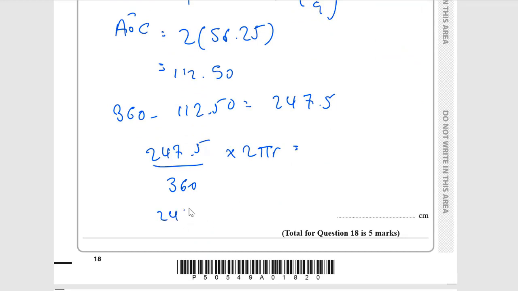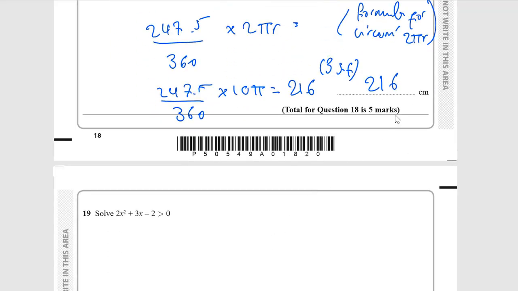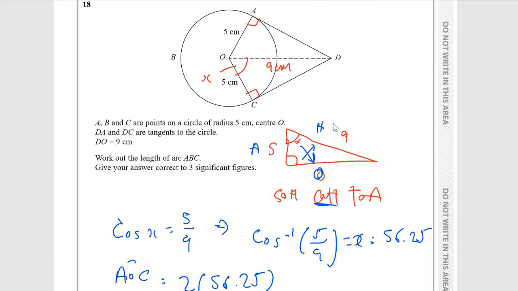So 247.5 over 360 times 10 pi will give us 21.6 to 3 significant figures. So it's 21.6 centimeters.